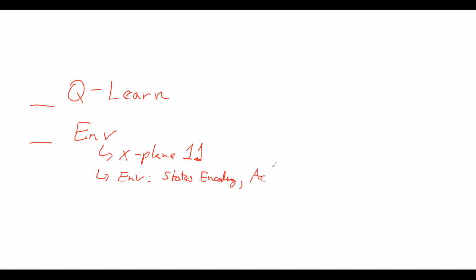Encoding, the actions, those are usually the easiest to identify, and more importantly, the reward functions, which are tough.